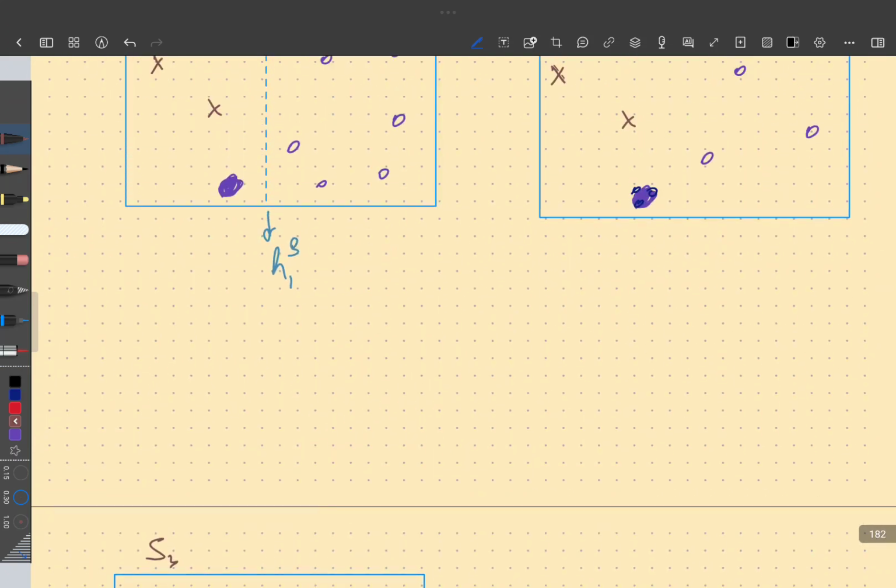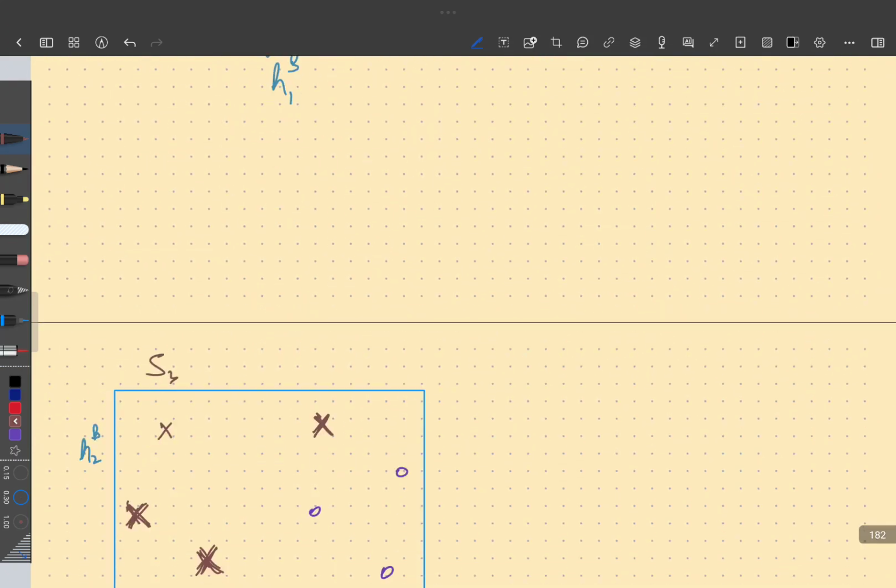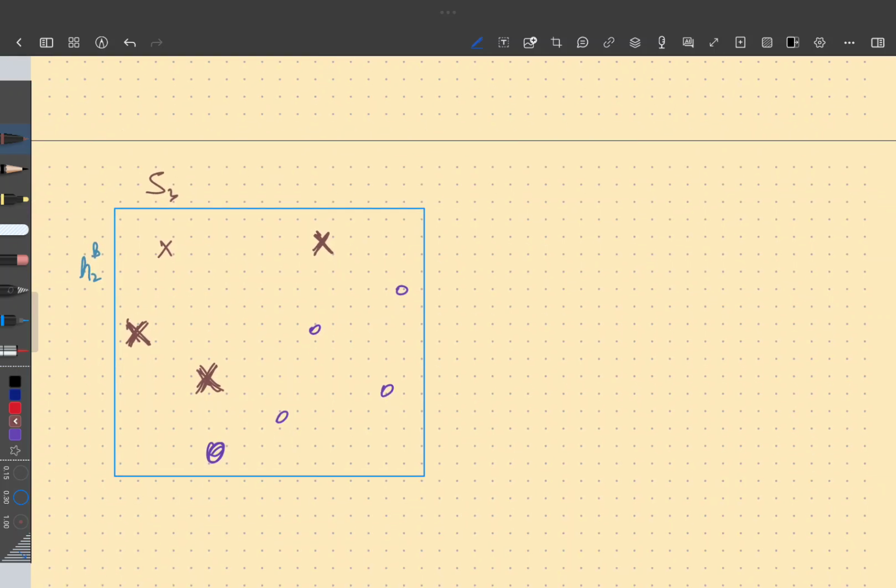Some of these points that were missed in this case may appear here. So when I draw S3, some points may appear, and some of these other points may not appear. Okay, so now I again train a new classifier. Maybe I get this point.